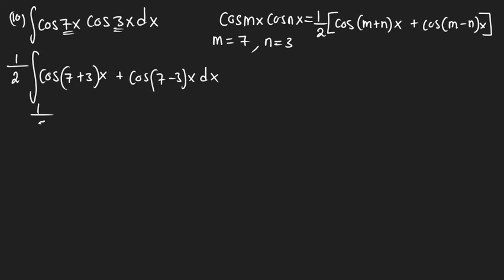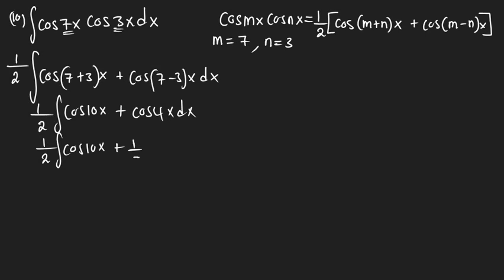So this is just like 1/2 times cosine 10x plus cosine 4x dx. Then we can just separate them so that we have 1/2 integral of cosine 10x plus 1/2 integral of cosine 4x.